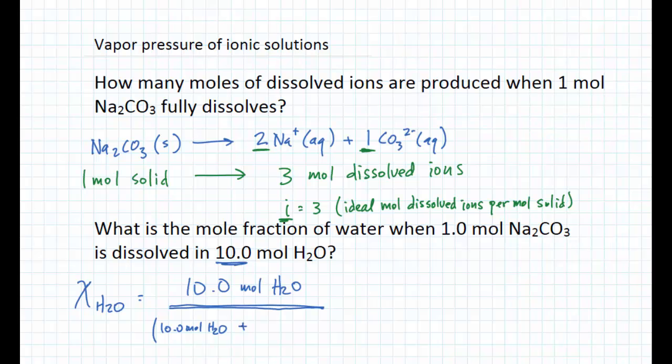Well, we would use 1 mole if sodium carbonate were molecular. If it was sucrose, if we were adding 1 mole of sucrose, sucrose is molecular and it doesn't break apart. But when we've got an ionic substance, it breaks into however many ions it has in its formula. So I should really be adding 3, essentially 3 times 1.0 moles.